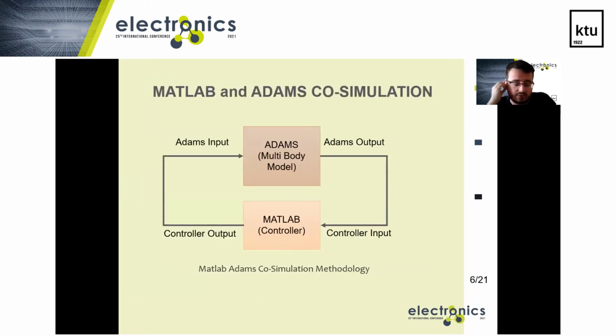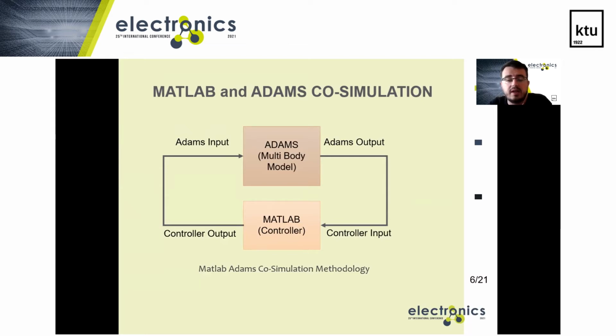I want to give a short summary of the co-simulation method. In co-simulation, as you see in the picture, the Adams software and MATLAB software work simultaneously. In this operation, the output of the Adams model, the output of the robot manipulator, is at the same time the controller input for the MATLAB system.